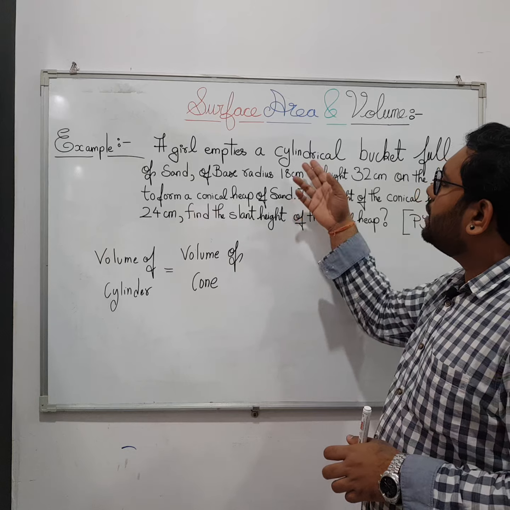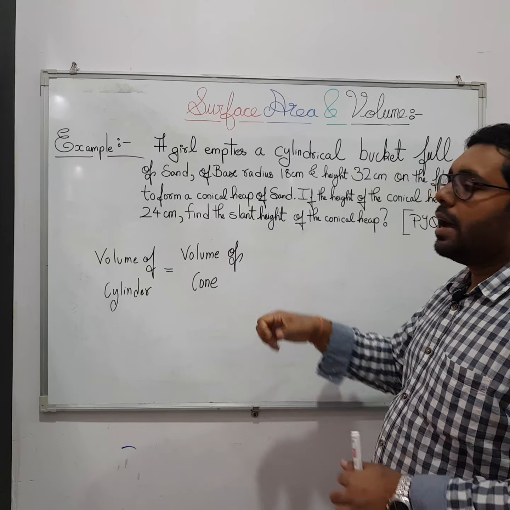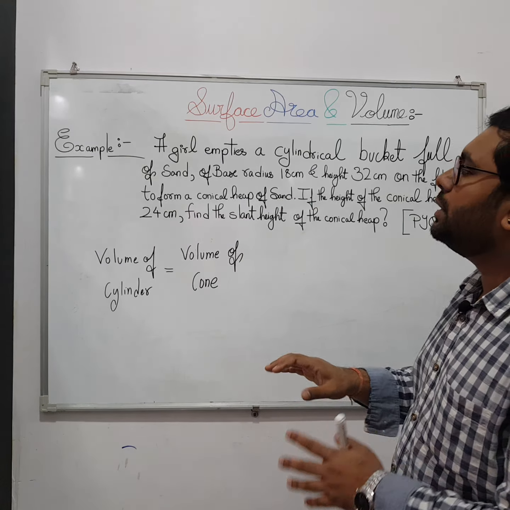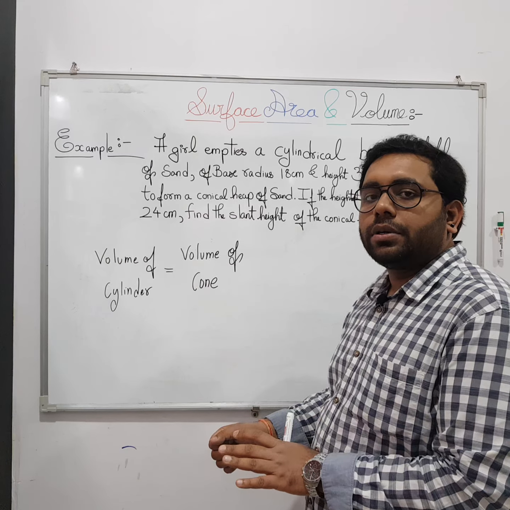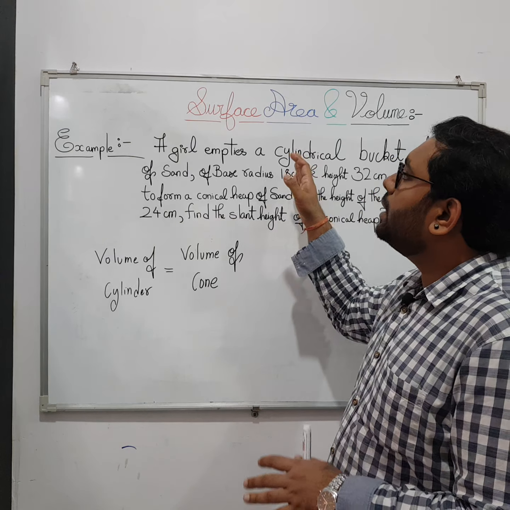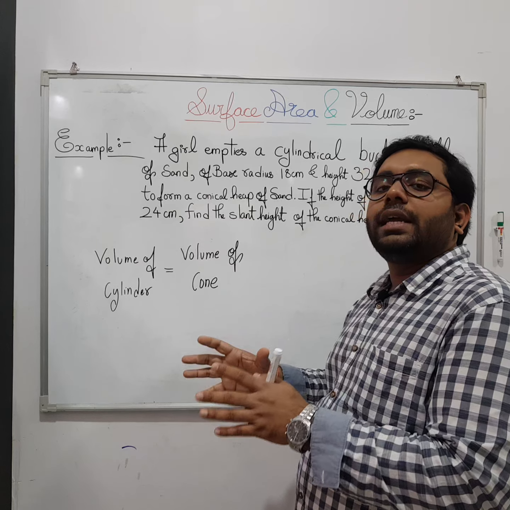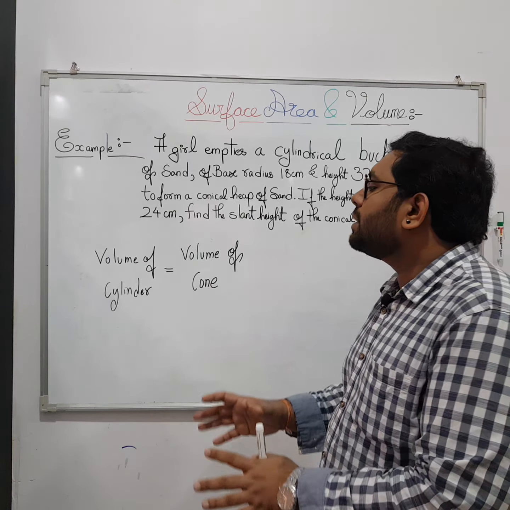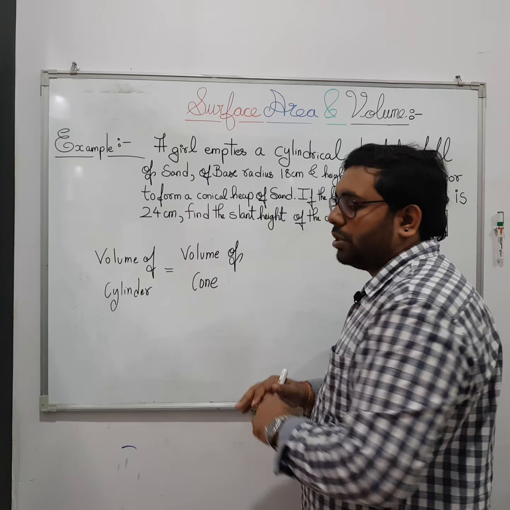Why? Because see, the cylindrical bucket will have some amount of sand, and now she is tossing the entire sand on the ground, which means the bucket is empty, which means the entire sand that was available in the bucket is used to form the conical structure, okay.